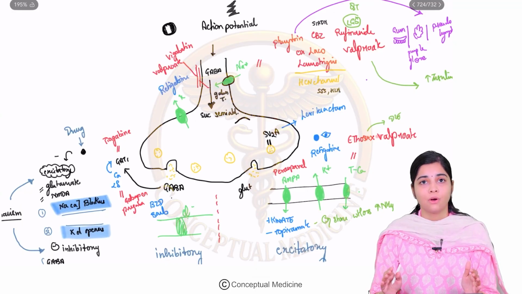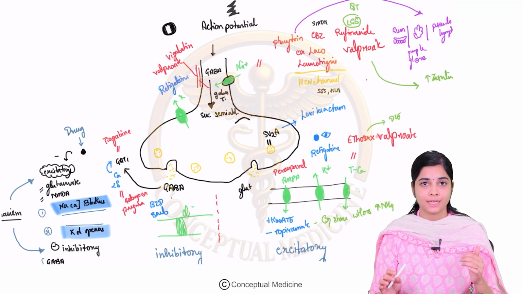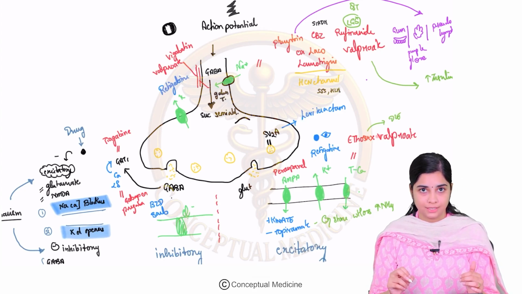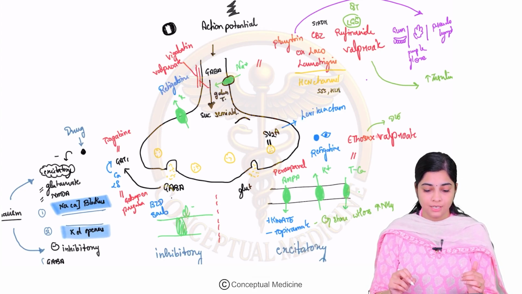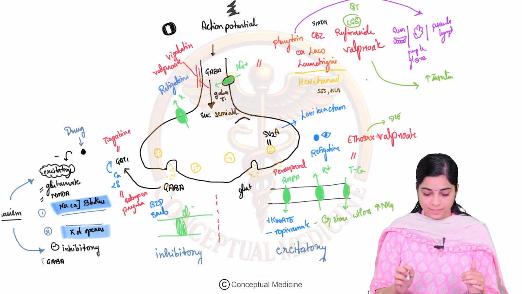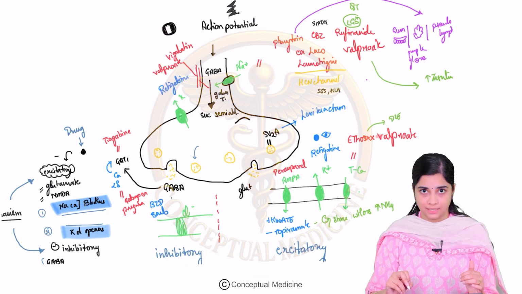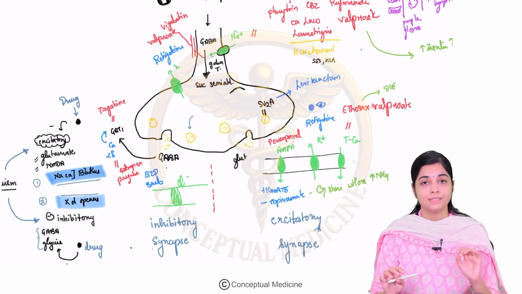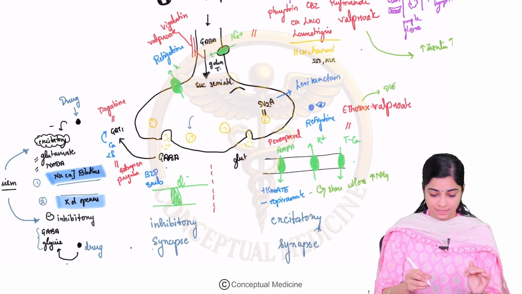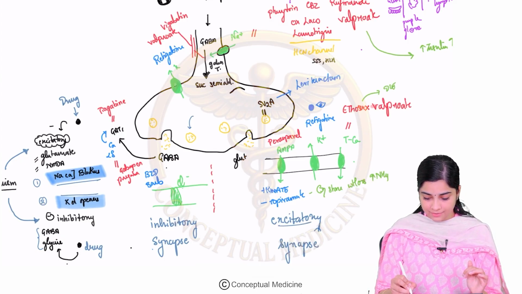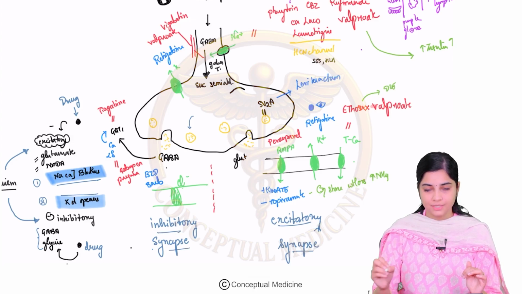So this is your electrical synapse. So this diagram is showing your electrical synapse. So once the action potential arrives at your synapse, okay, once the action potential arrives at your synapse, what happens? It goes and stimulates your neurotransmitters which are stored in the vesicles. So it goes and stimulates the neurotransmitters which are present in the vesicles, and these neurotransmitters can either act on an excitatory synapse or an inhibitory synapse, right?